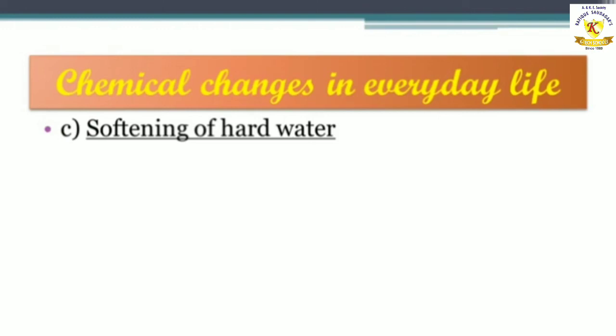To soften the hard water, a solution of washing soda is added to it. This results in a chemical reaction to form a precipitate of insoluble carbonate salts of calcium and magnesium.